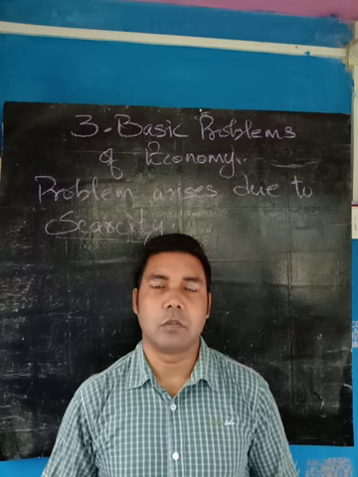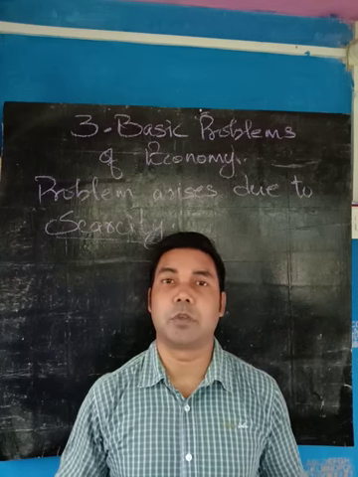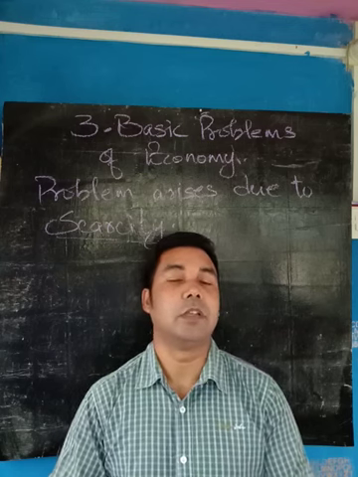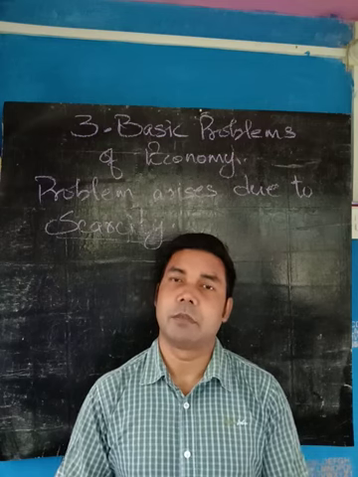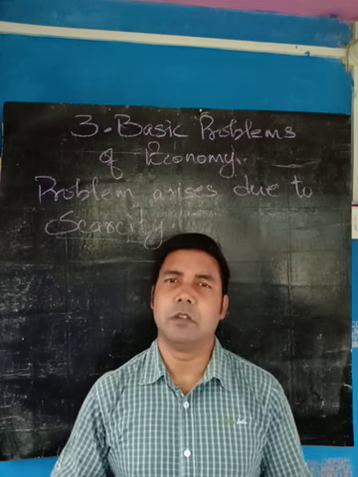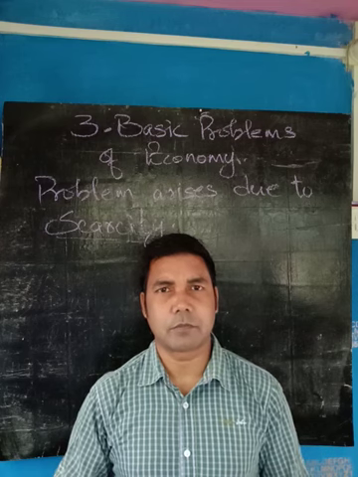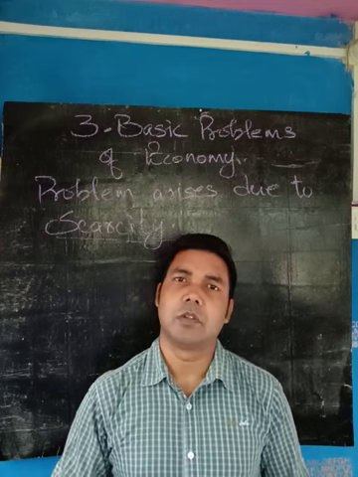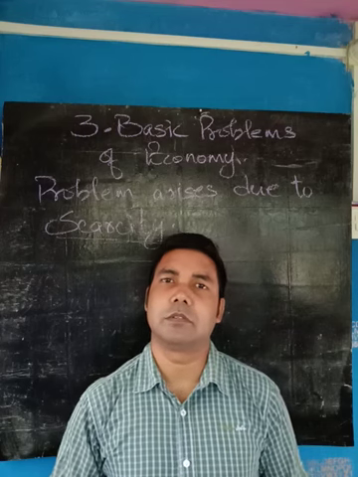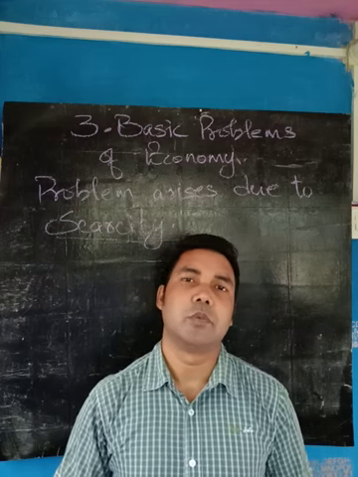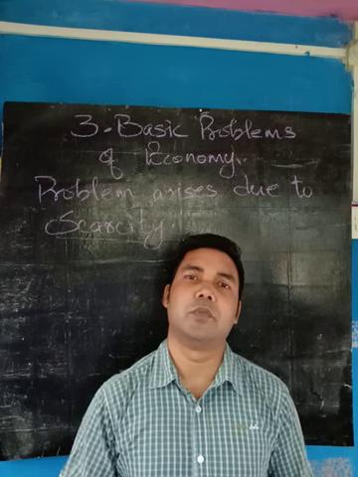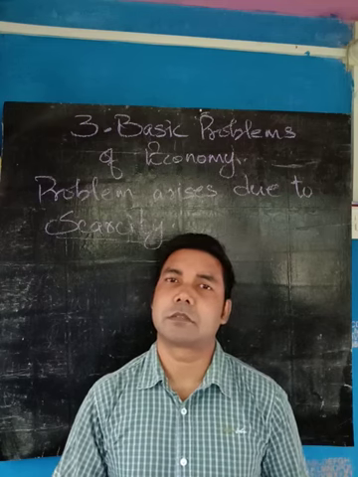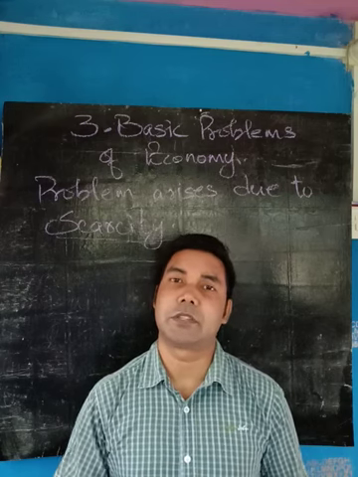Now, the rich class will consume what kind of commodity? Luxurious commodity. The middle class will look for comfortable items, and the lower class will seek the goods which can fulfill their needs, not their desires.